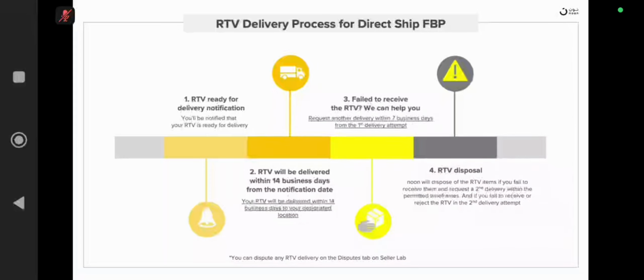If the first attempt fails or you are not available to collect the RTV, you can request a second delivery attempt within 7 business days of the first failed delivery attempt. In the end, if you don't receive the item within this timeline, Noon will immediately confiscate the item and you will no longer be able to claim it, as Noon will liquidate it.